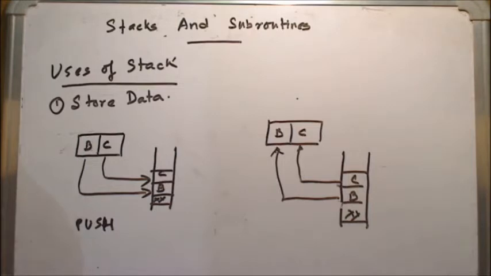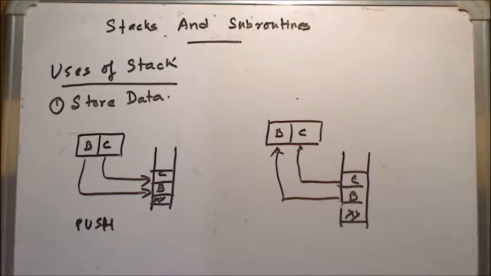Whatever data you have in registers, if you don't need it urgently, just push it to the stack, and whenever you want it, you get it back. I have told it before also. If you don't need the data right now, you just put it into the stack, and whenever you need it, you just get it back.